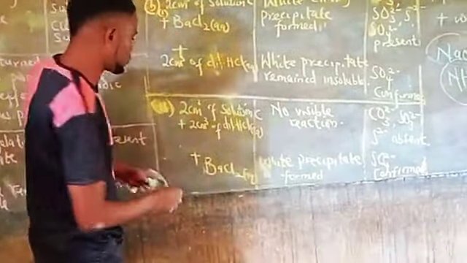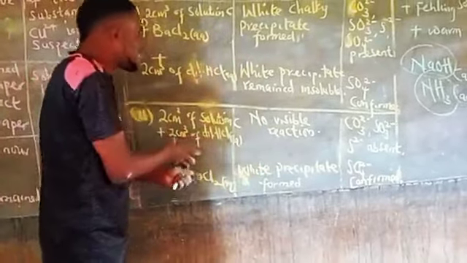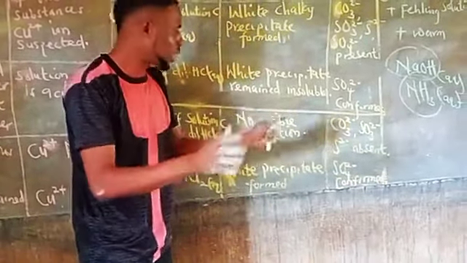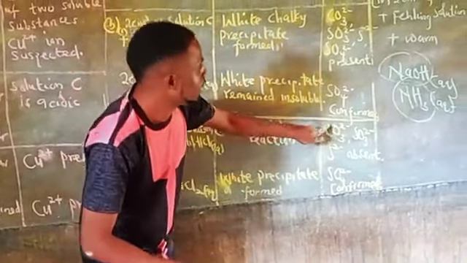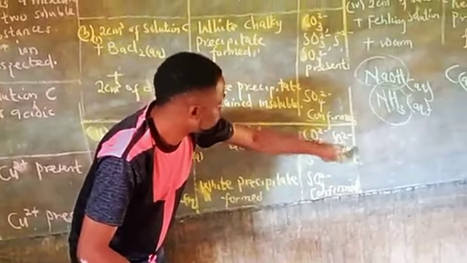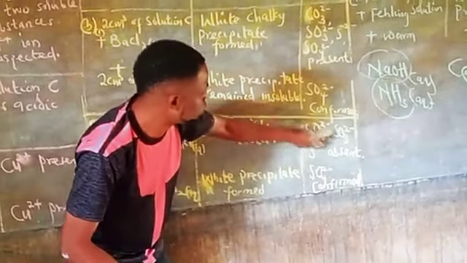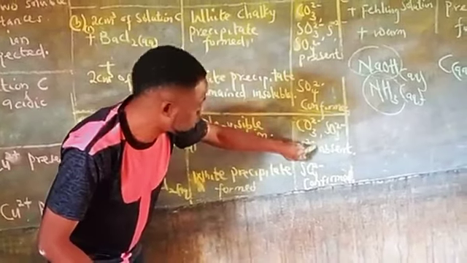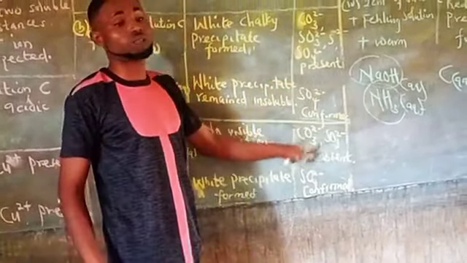Now be careful. When you add HCl, there is no visible reaction. So SO3 2-, CO3 2-, and S2- are absent here. Is it clear now? These 3 ions are absent.